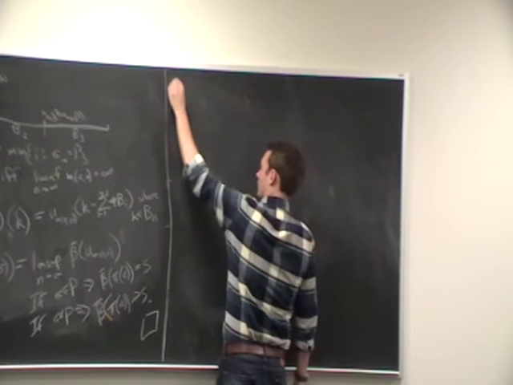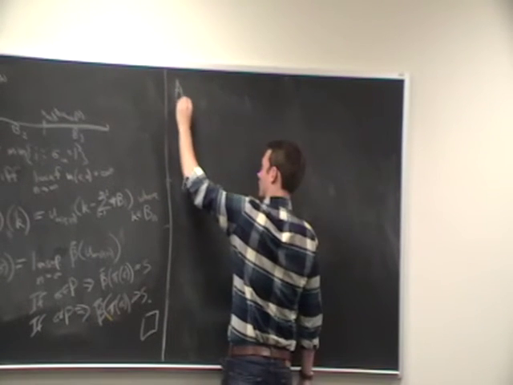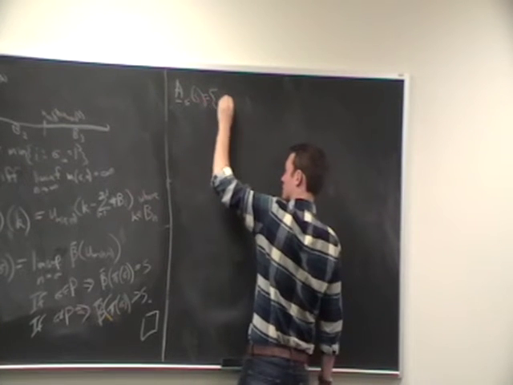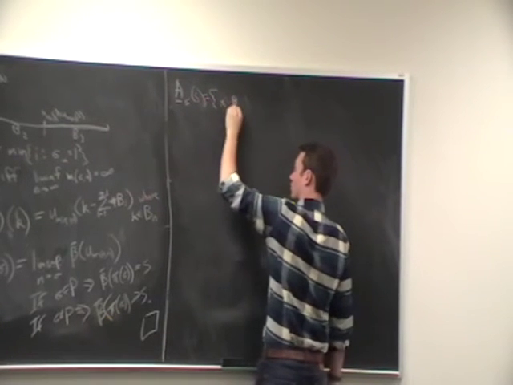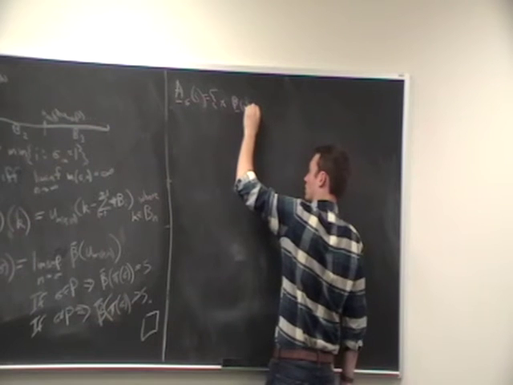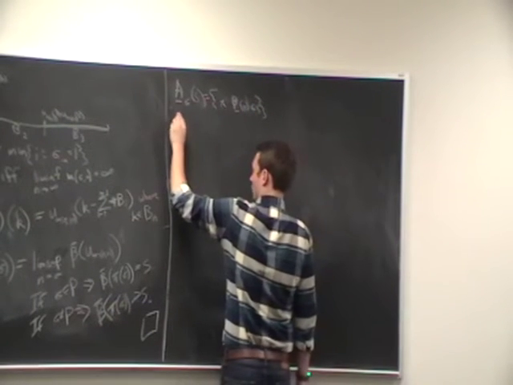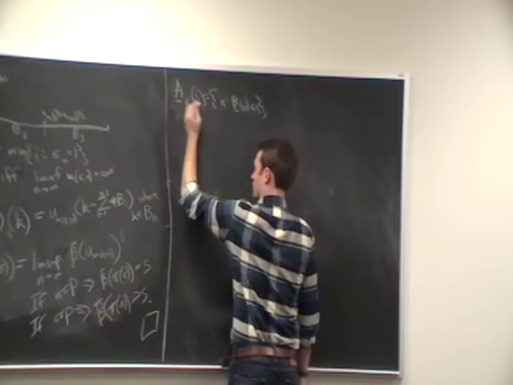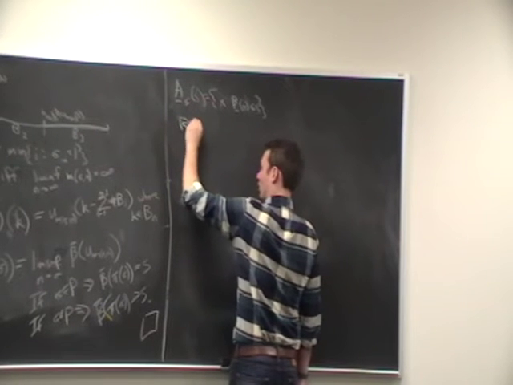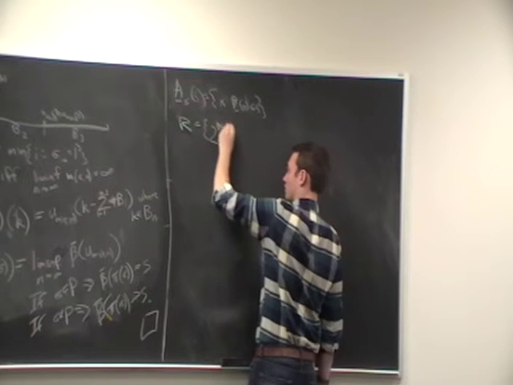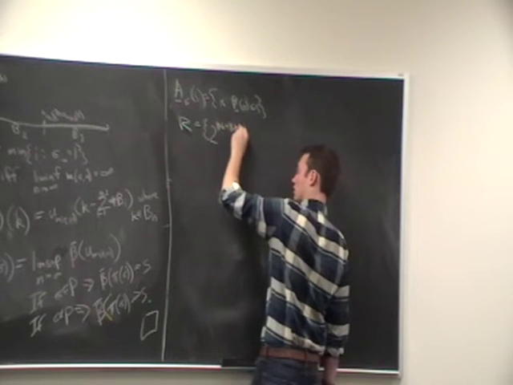So again, our goal is the following set. This is the real numbers with lower noise less than or equal to s. So the pi 0, 4 complete set that we're going to form our reduction map with is the set R. This is a subset of 2 to the n cross n cross n.